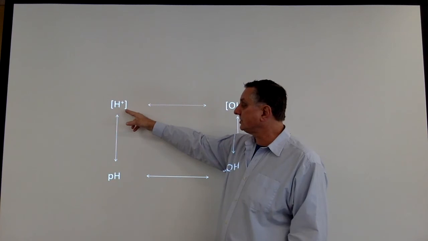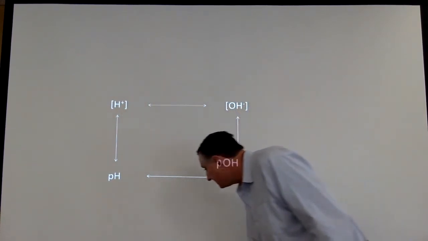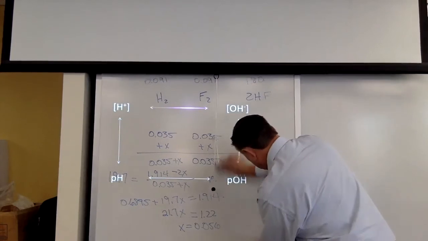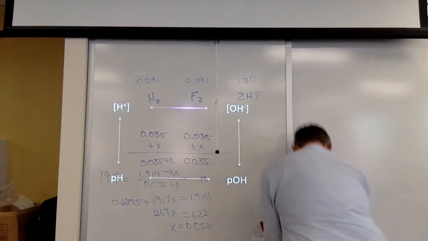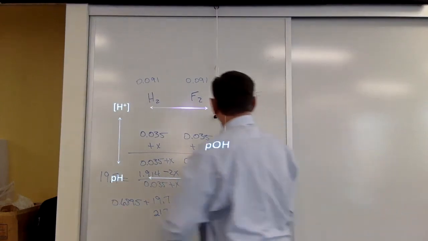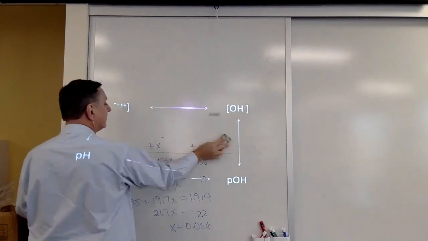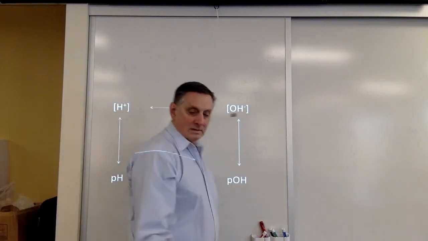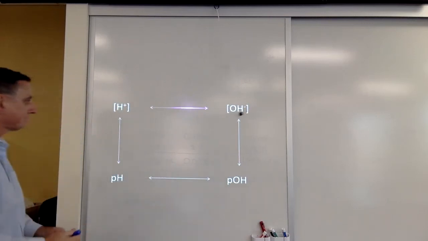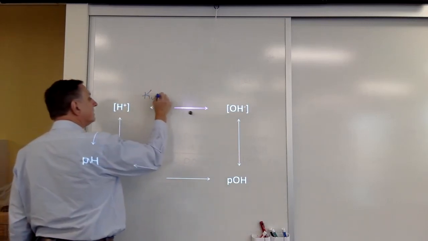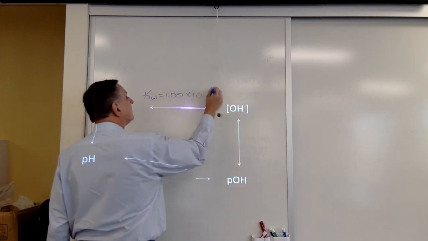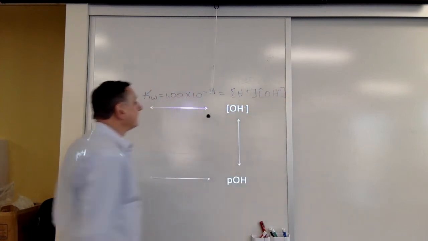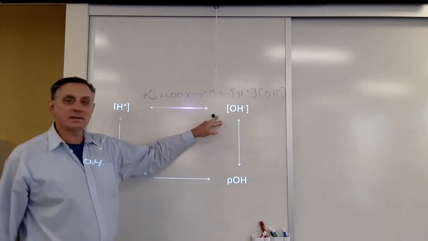If we're given hydrogen ion concentration, we can find hydroxide concentration because I know the relationship between hydrogen and hydroxide ion is this.